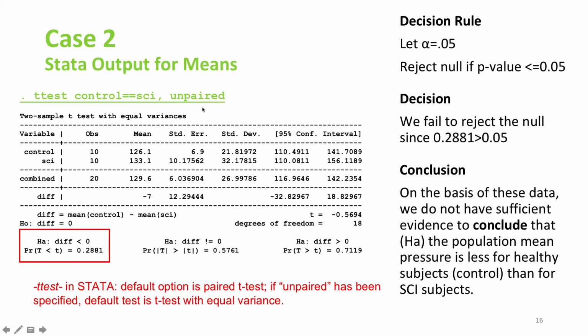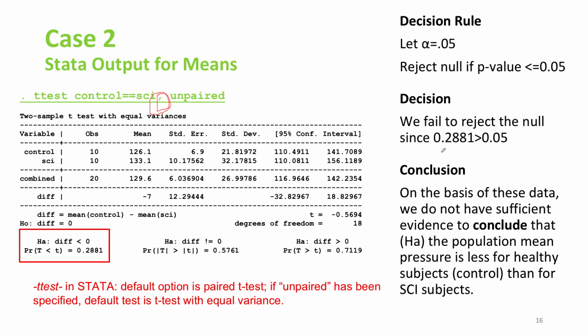You might have an error. There should be a comma here. Just remember this. Sometimes if you don't do this, it's definitely going to give you an error. So if unpaired has been specified, you need to say it's unpaired.